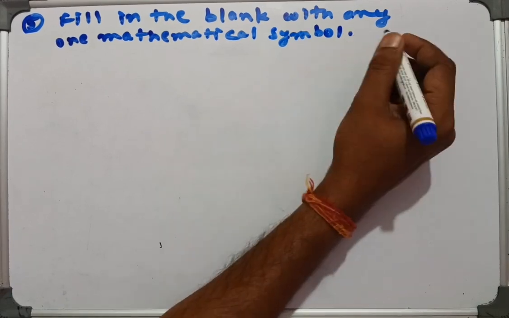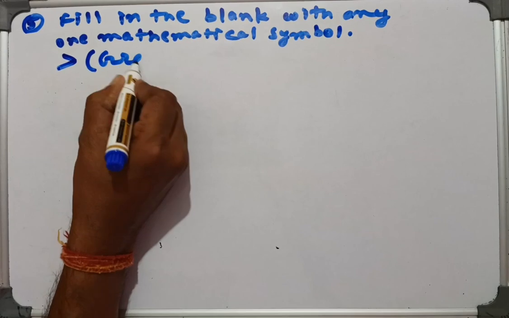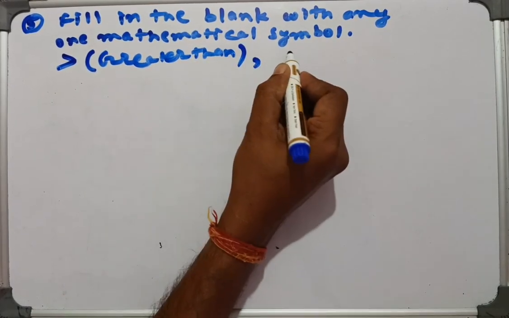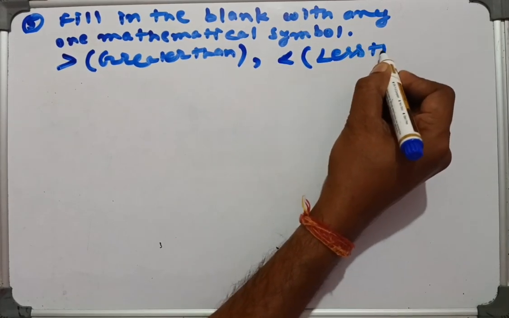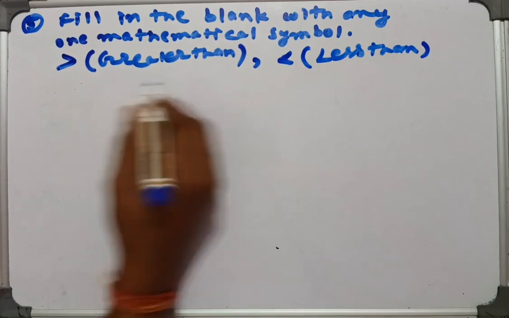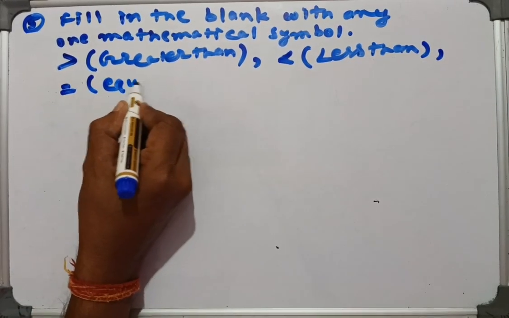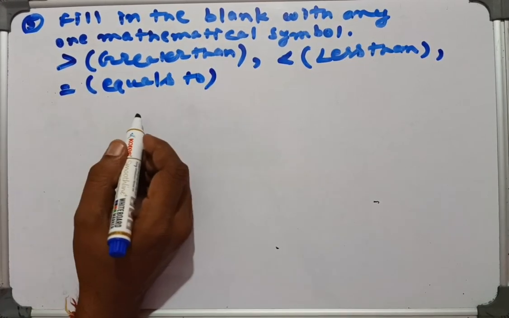What is a symbol? The first symbol is greater than, the second is less than, the third one is equals to.